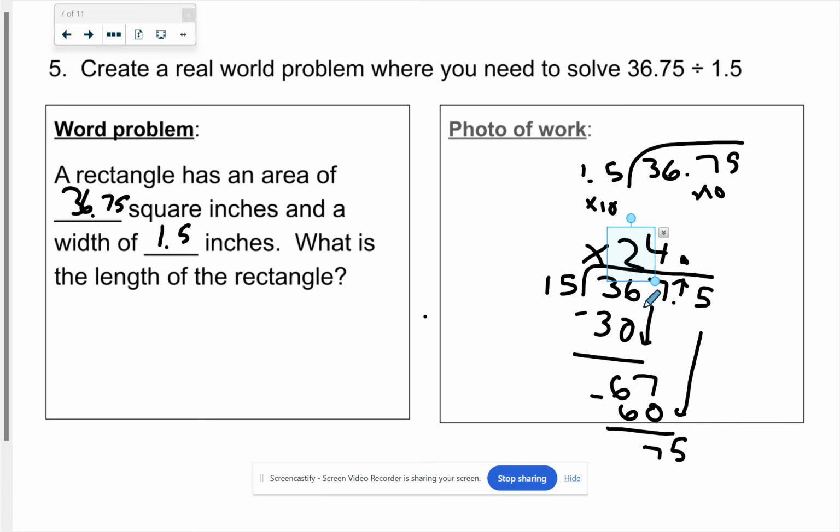Bring down the 5. 15 fits into 75 5 times. 15 times 5 is 75. Subtract, you get 0. So the length was 24.5 inches. Because if you do it backwards, 24.5 times 1.5 would give you the area of 36.75. All right, let's keep going.